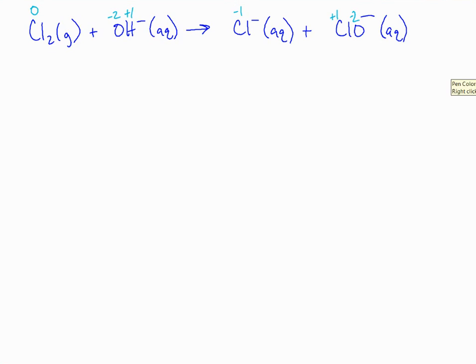Figure out what's oxidized, figure out what's reduced. Remember, oxidation is losing electrons. It means the oxidation number is going to become more positive.